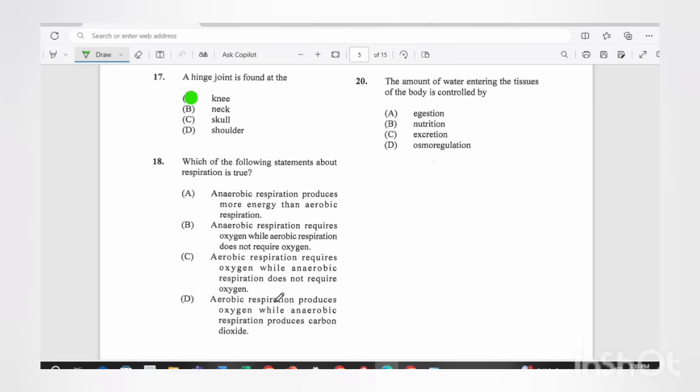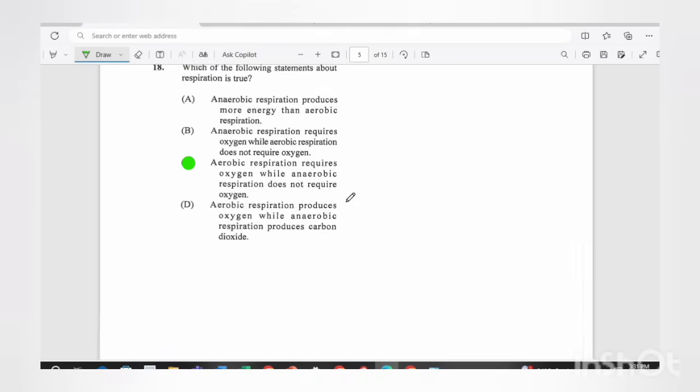Or D, aerobic respiration produces oxygen while anaerobic respiration produces carbon dioxide. The answer there is C. Aerobic respiration requires oxygen while anaerobic respiration does not require oxygen.